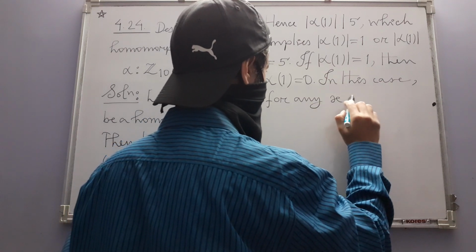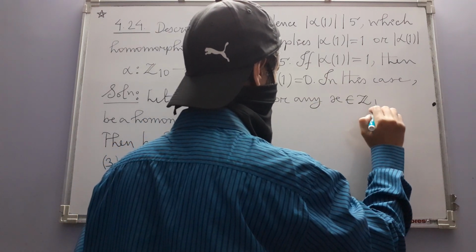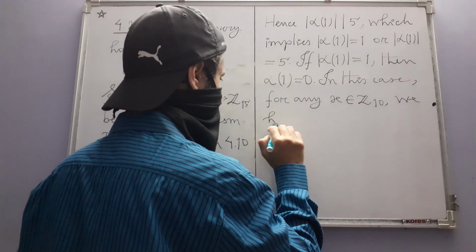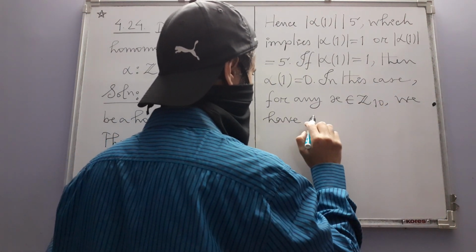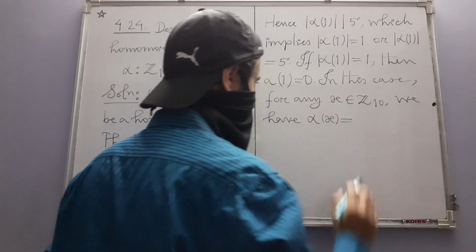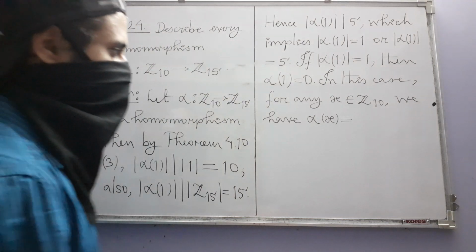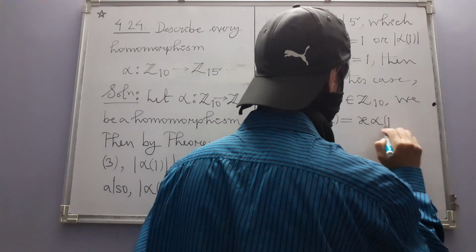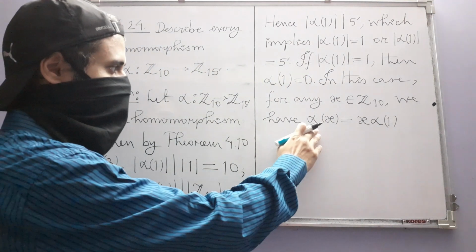For any element x in the domain group, we have alpha of x equal to x times alpha of 1. You do understand how we are getting this.